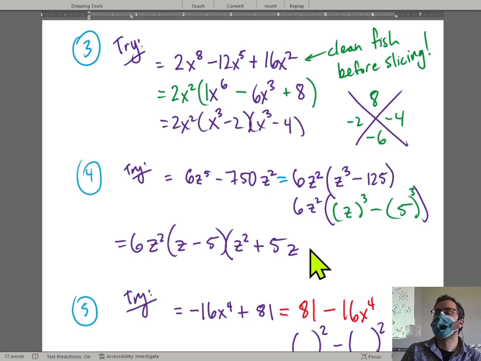And then this last part will be plus whatever the b is squared, and that will be 25 because 5 squared is 25. And that's completely factored.